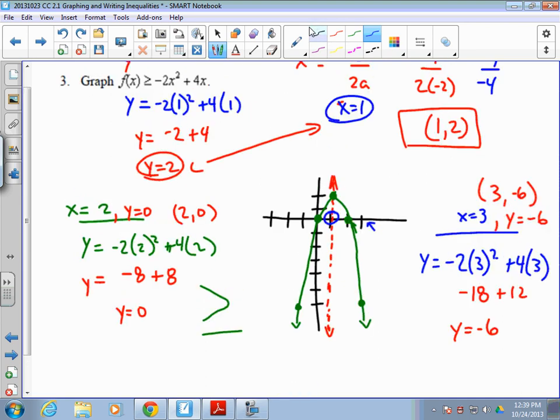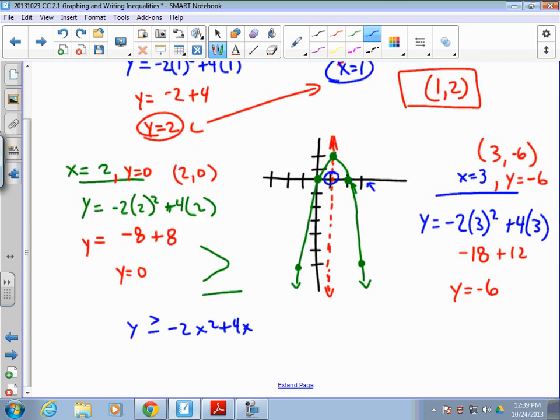So we have y is greater than or equal to negative 2x squared plus 4x. And we'll plug in 1, 0. Now, make sure since we have different ones, 1, 0, you remember that x is 1 and y is 0. So we want to see if it's a true statement.